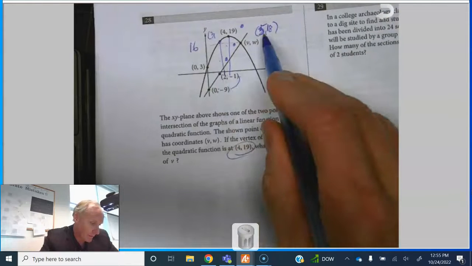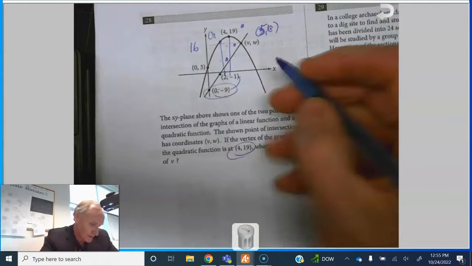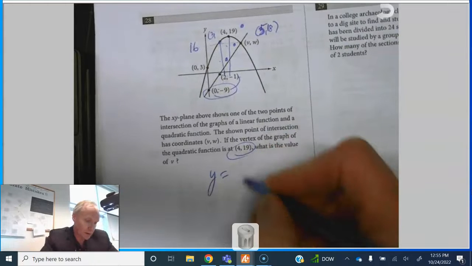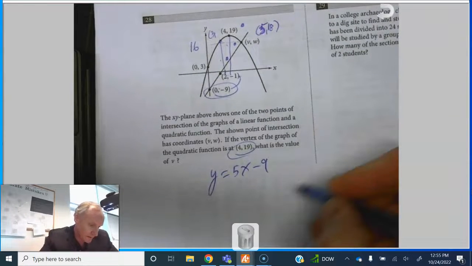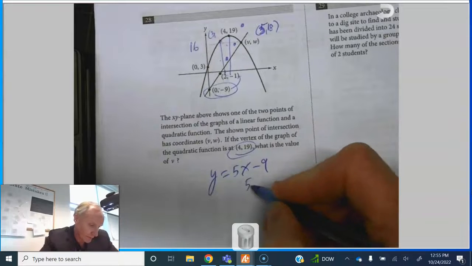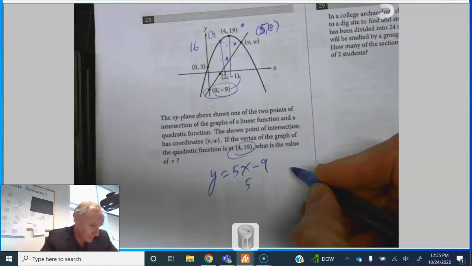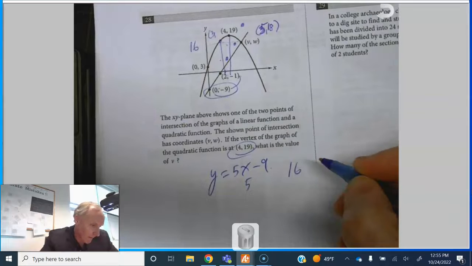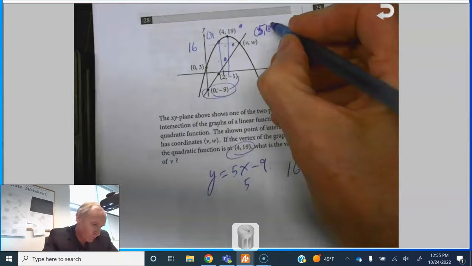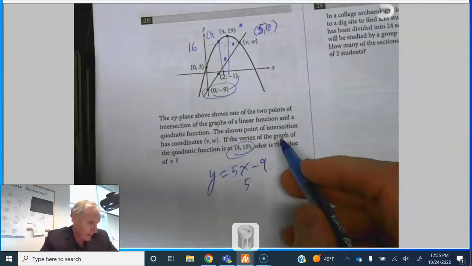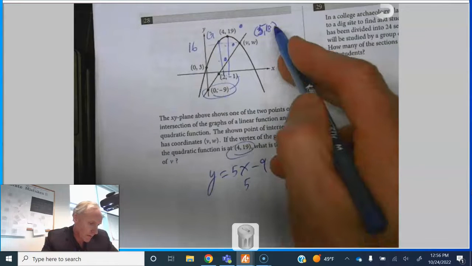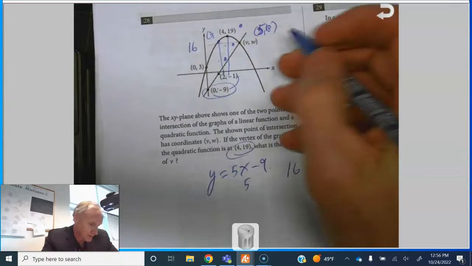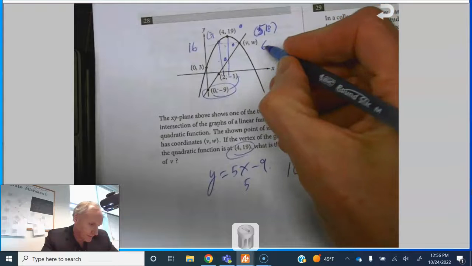There's our equation. God, I'm so slow. 5x minus 9 goes through 5. 25 minus 9. 16. Is that right? That looks wrong. The only other possibility is if we go through 6.